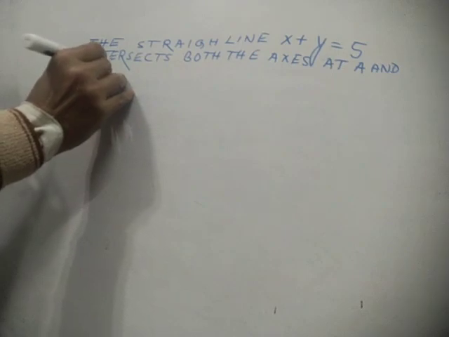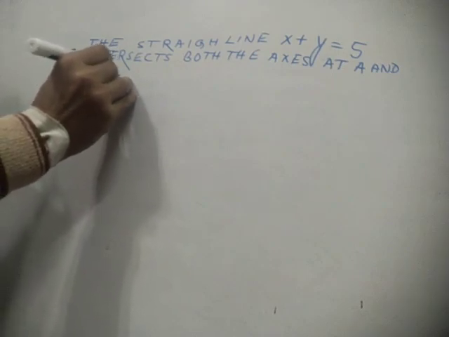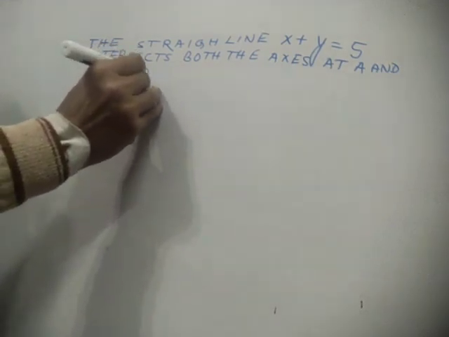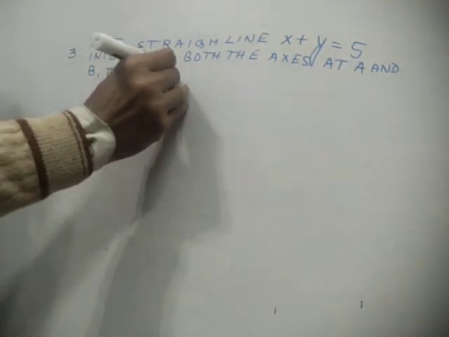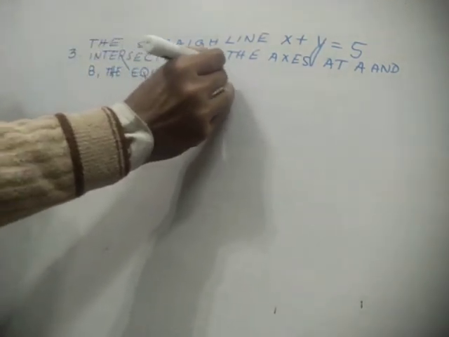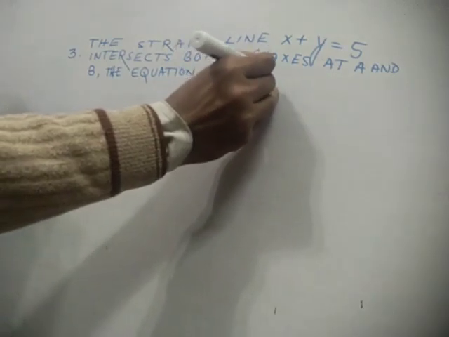Option B: x square plus y square plus 5x plus 5y equals 0. Option C: x square plus y square minus 5x minus 5y equals 0. Option D: x square plus y square minus 5x minus 5y equals 25.